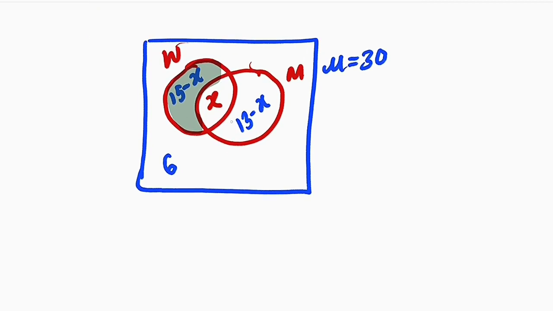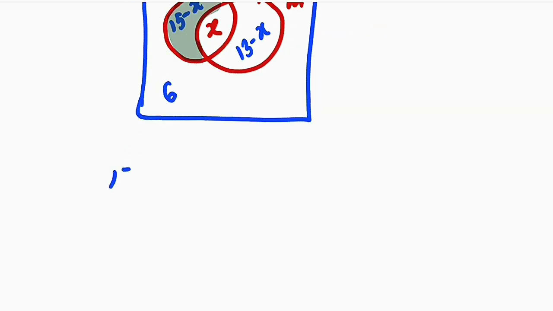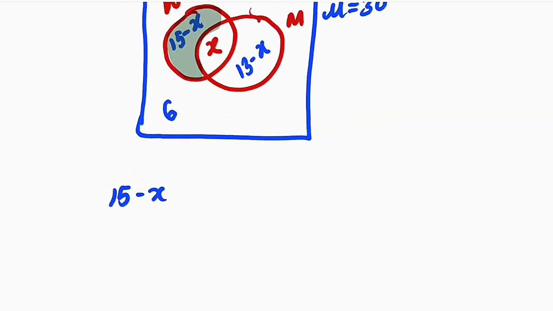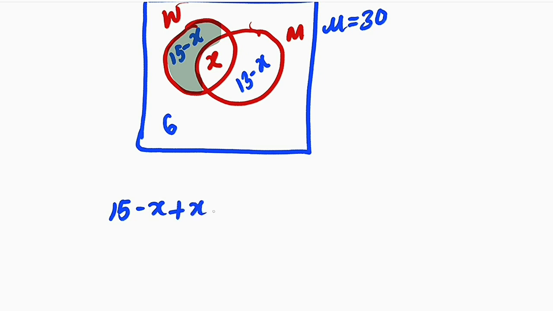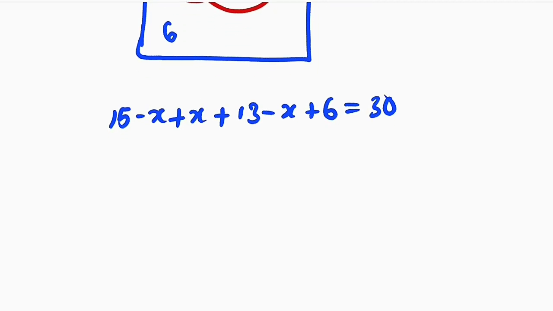And you should know that if you add all the information here, you must get 30. So we have 15 minus X, right? Then plus X, plus 13 minus X, finally plus 6. The whole of this must be 30. Let us add the numbers first. We have 15, 13 making 28, plus 6, that is 34.